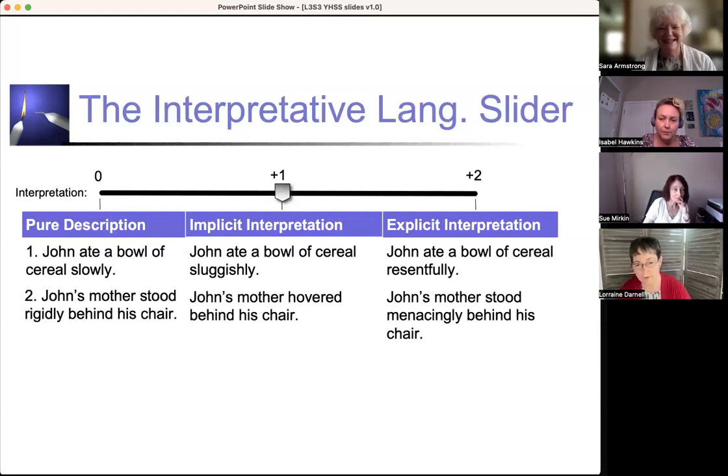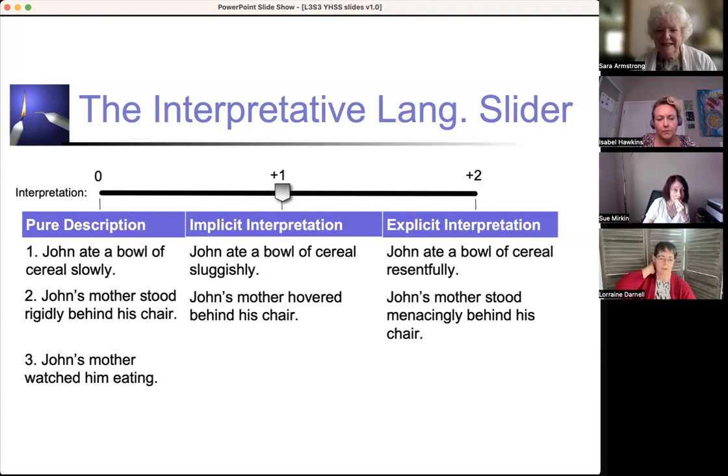All right, so let's take another example. Pure description: John's mother watched him eating. There's no indication of interpretation there. It's just the actual action. Okay. What would be an example of explicit interpretation about how she's watching him, why she's watching him?